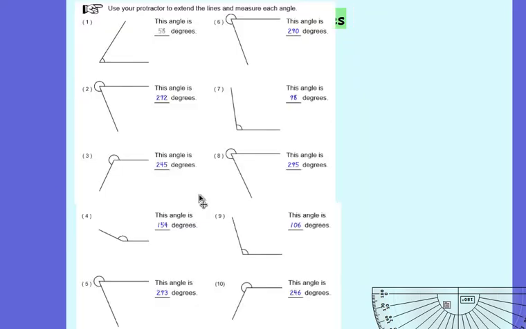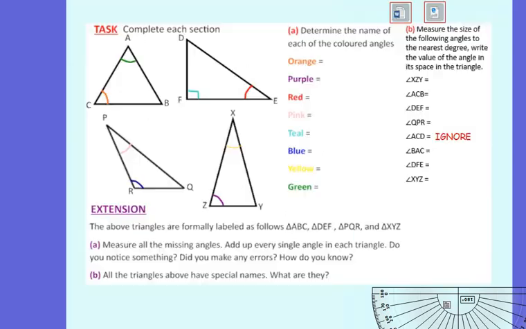Now, if these are your answers, please check your work and see how you did. And if you've still got time and you're feeling confident, please pause the video, print off the other worksheet, the extension worksheet, and have a go at these questions now. This should take about 10 to 15 minutes.